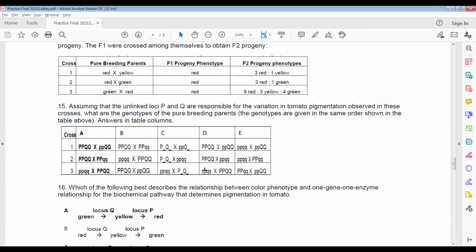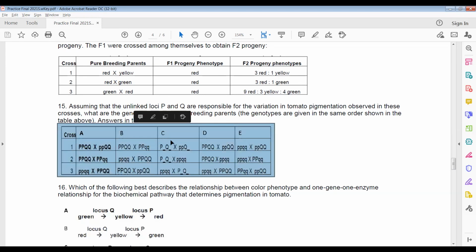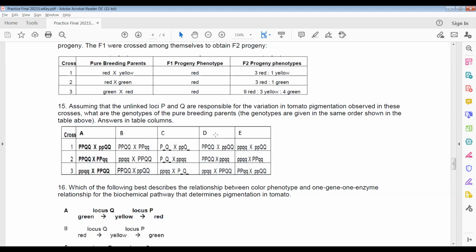D will give you the dihybrid cross, and also E will. But by looking at the third one, you rule out B and C. You just look at A, D, E, which are possible answers, and then look at the second cross and the first cross. You can rule out D and E, leaving only A as the possible answer to this question.